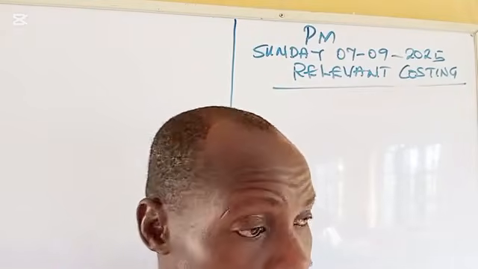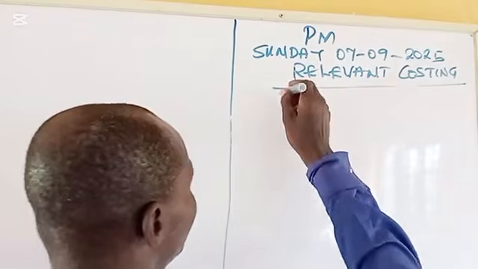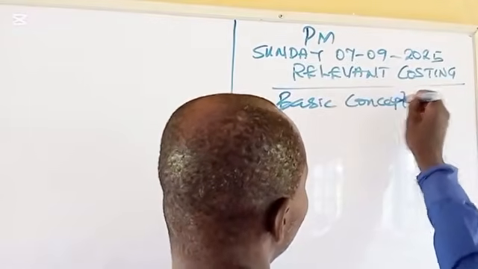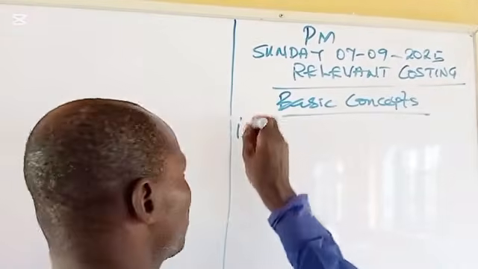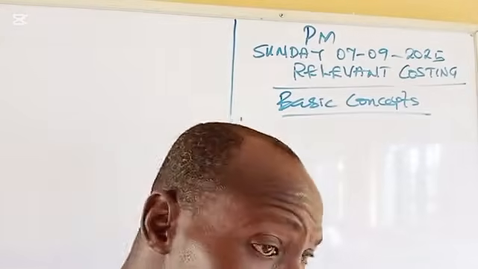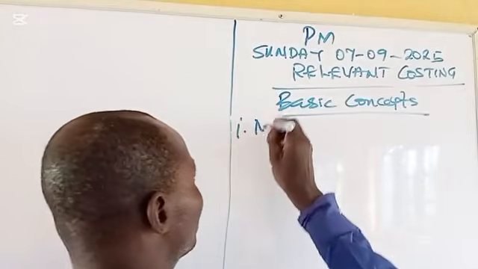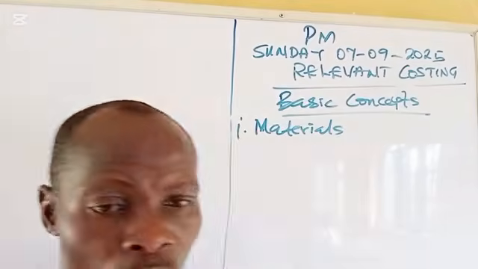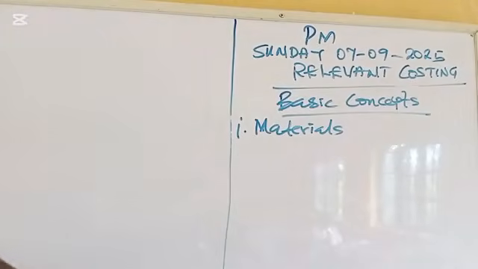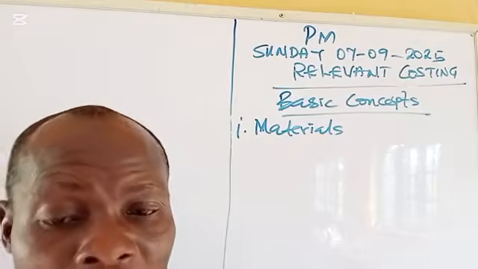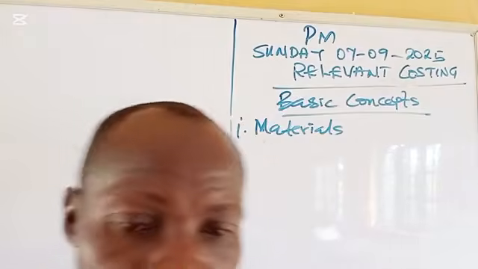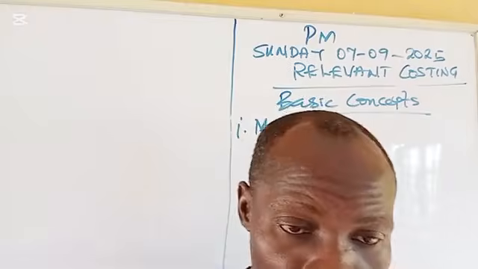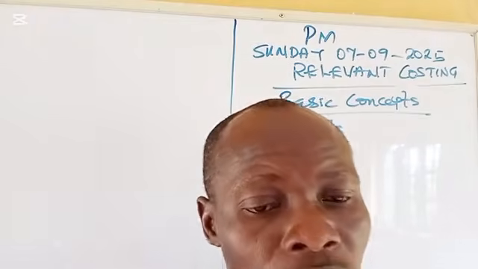So we want to look at the basic concepts of relevant costs. Number 1 concept we'll be looking at is materials, or direct materials. What are materials? Materials are the substances from which goods are manufactured.